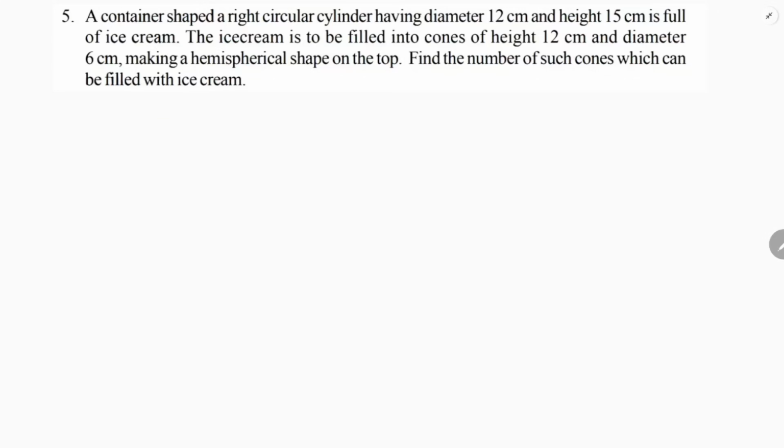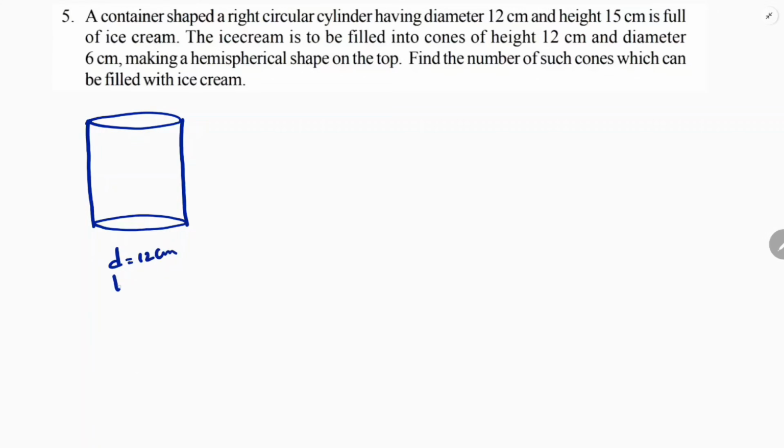So here, a cylindrical container whose dimensions are like diameter is 12. So radius will be half of the diameter, 6 centimeters. Height is 15.